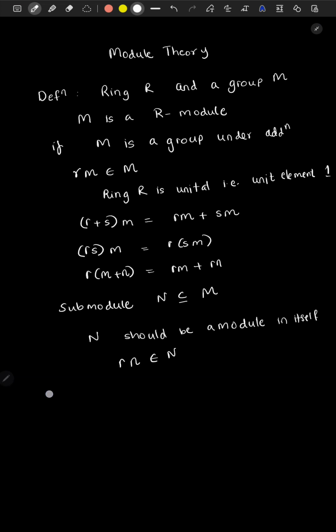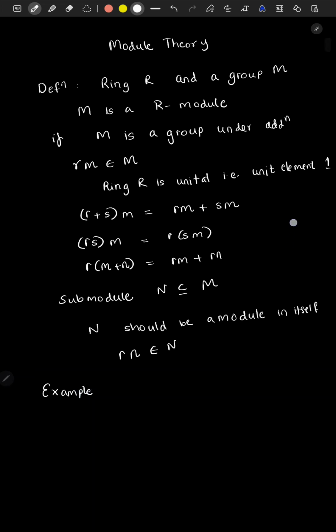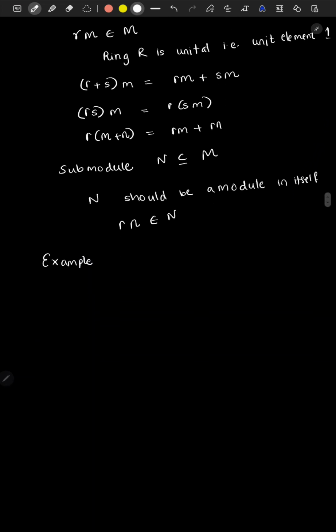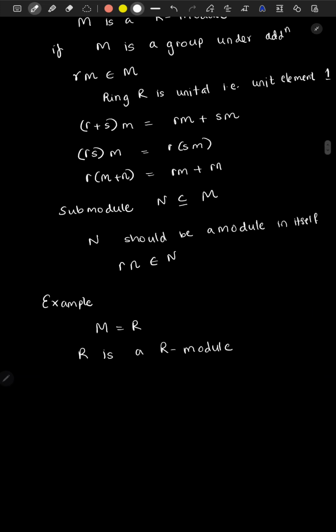Now let's look at some examples. The most obvious example would be if you take M equals R. So this is to say that R is an R module. Does this satisfy the definition?